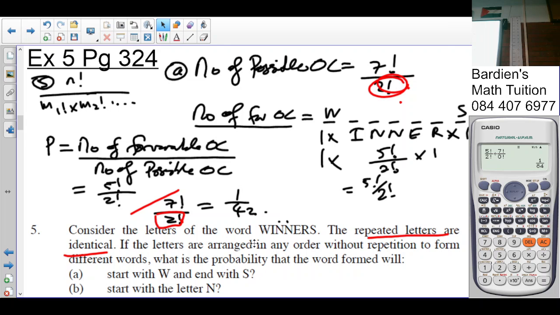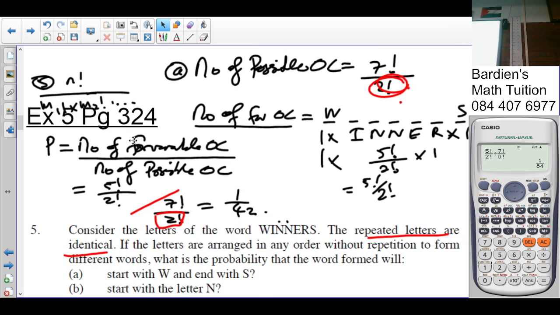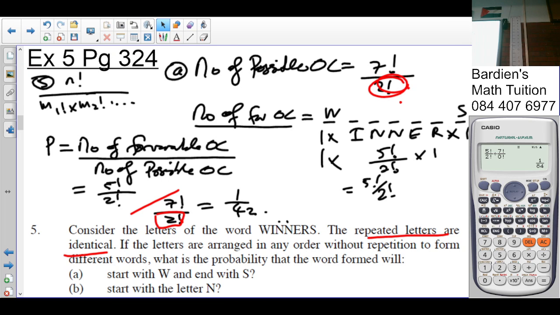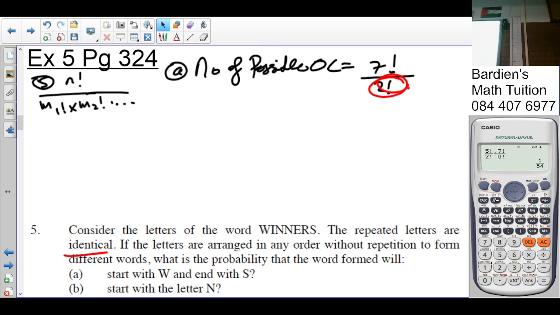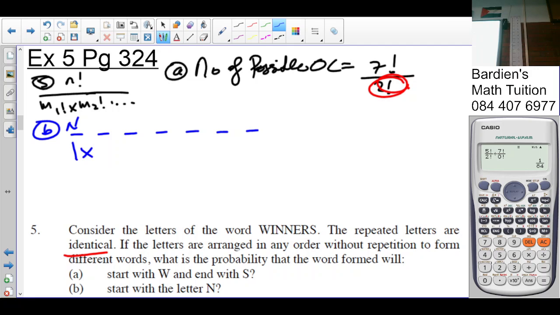So let's just look at the other side of this, example B. It says start with the letter N, so it's 1, 2, 3, 4, 5, 6, 7. You must start with the letter N. So how many options do I have here? 1. Times, how many letters are left?